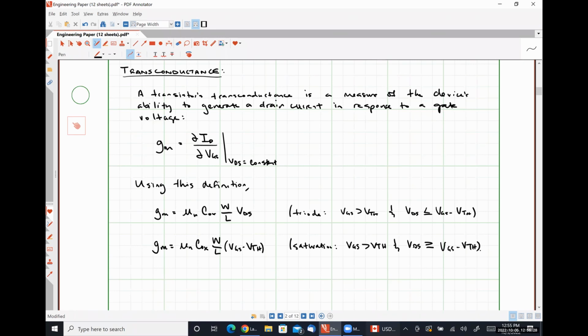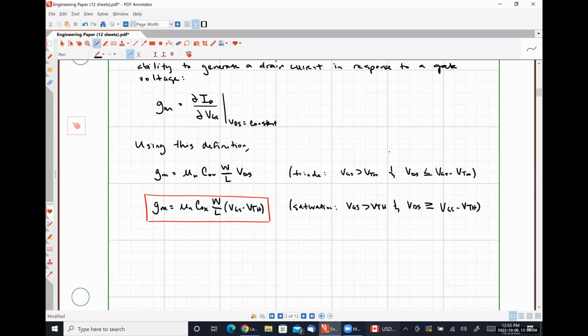And to facilitate that, we have to make sure that all of our devices will operate in the saturation region, because that's where we get the biggest conversion of input voltage to output current to occur, okay? So this guy right here, specifically our saturation mode equation, is going to be one of the most important things that we have to look at for determining our device's parameters.